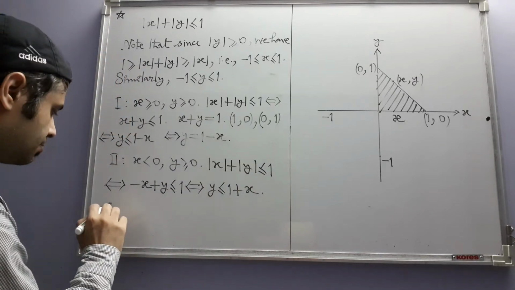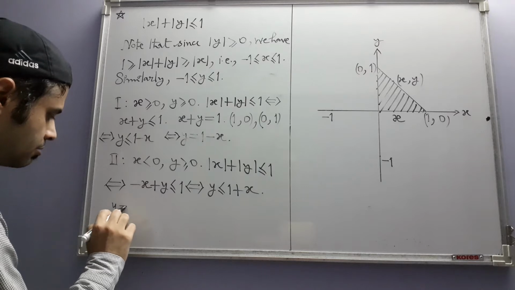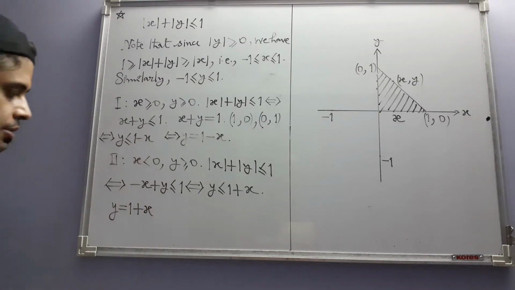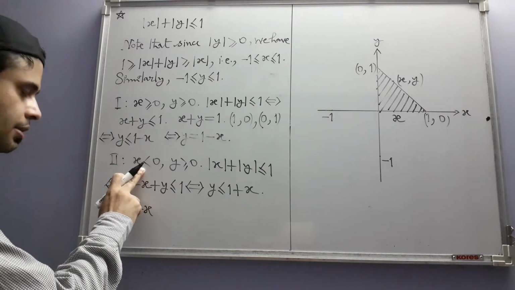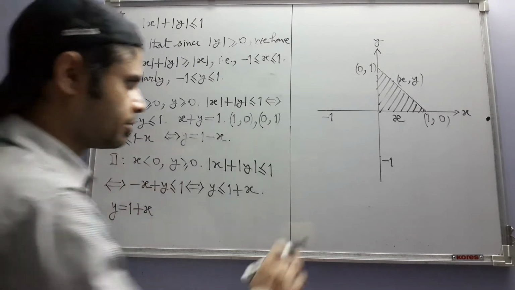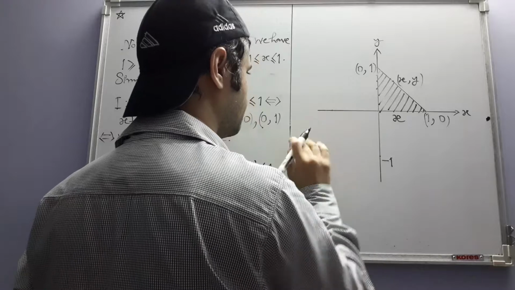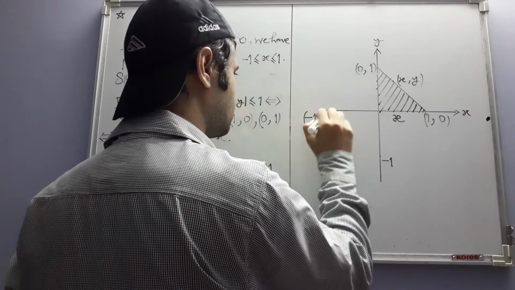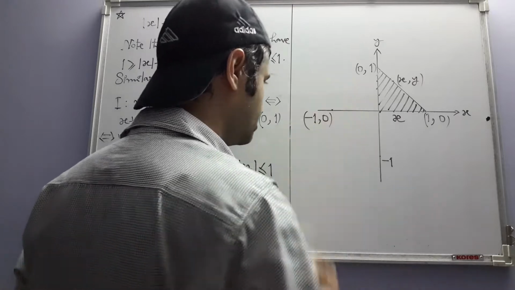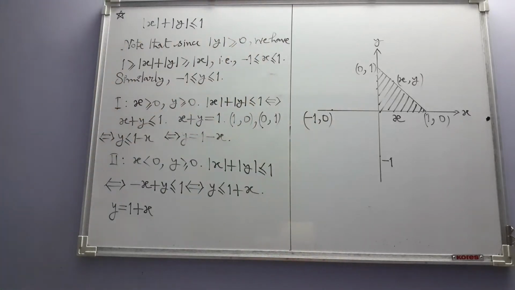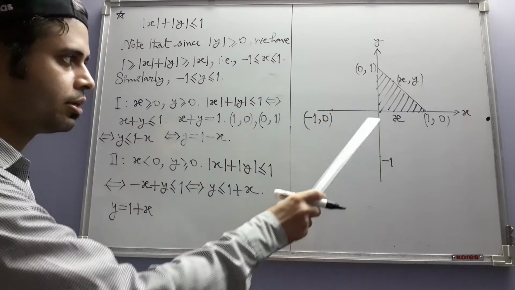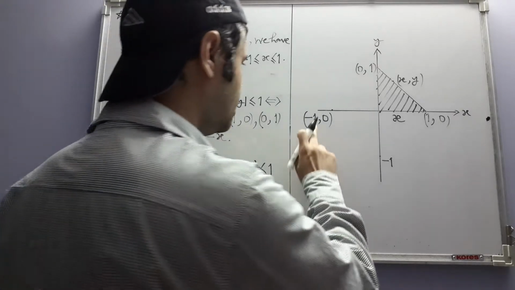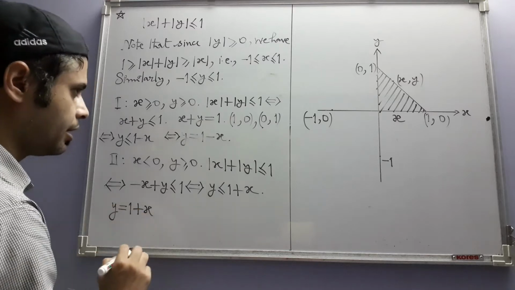So we consider the equation y equal to 1 plus x, and you can see that this x is less than 0 and y is greater than or equal to 0. These are the coordinates of this point, which is at a distance 1 from the origin and lies to the left of the y-axis. This is a point on this line.